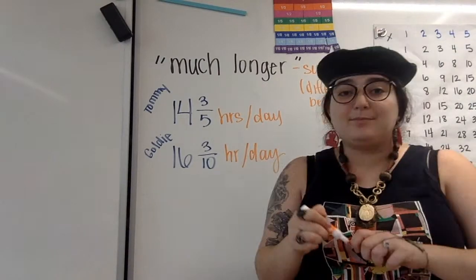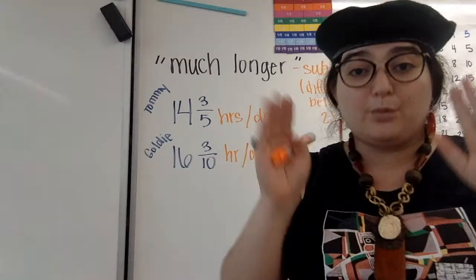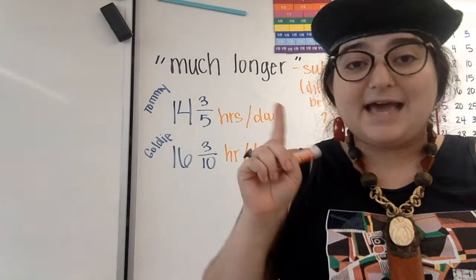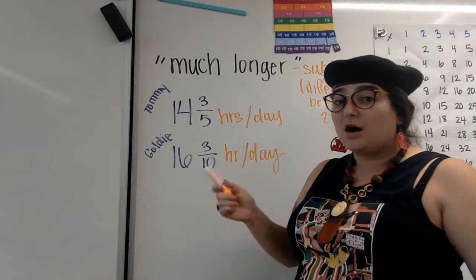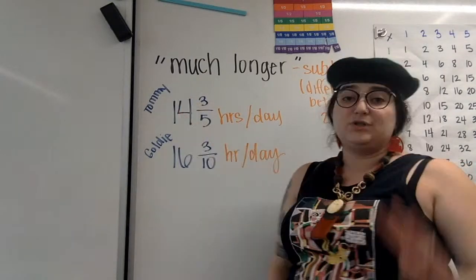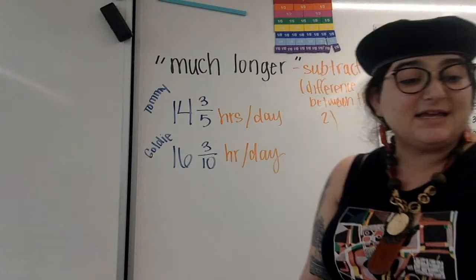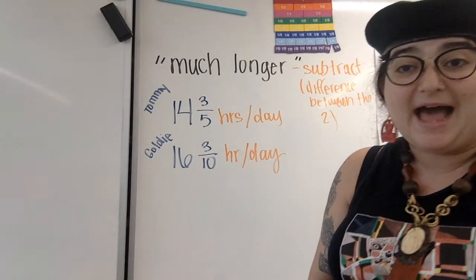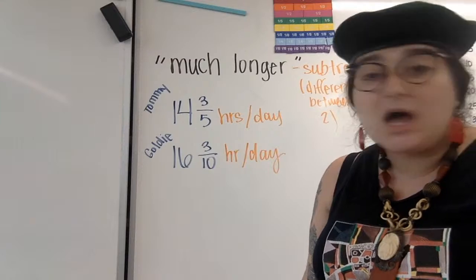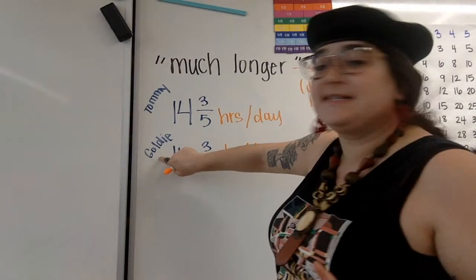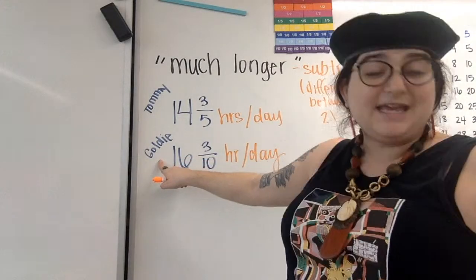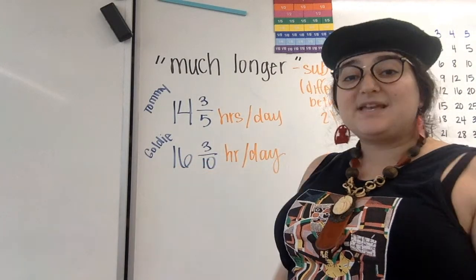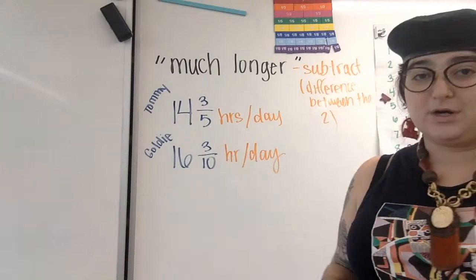Well, first of all, I know what these quantities represent, and I know that I'm trying to find the difference between these two numbers, because our question, once again, looking back on the third read, is we are coming back to what is being asked of us. How much longer does Goldie sleep each day? And that we have to explain using numbers, diagrams, and words.